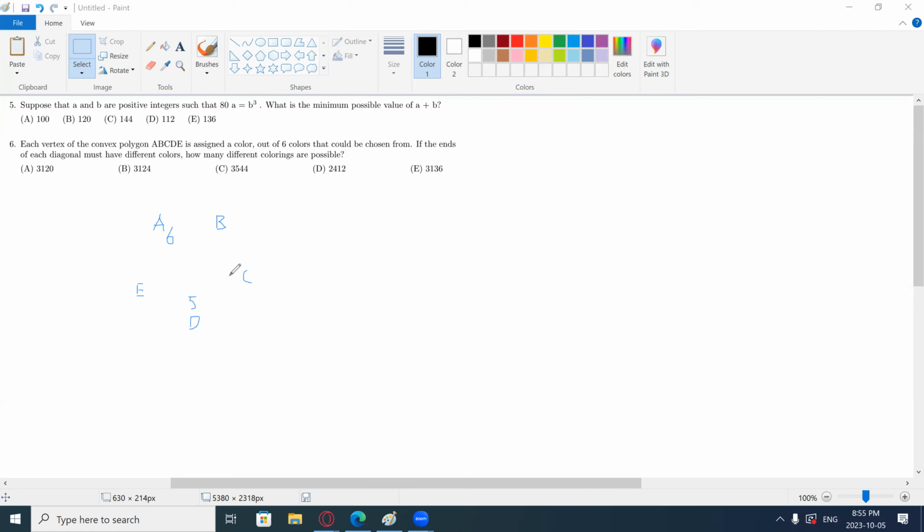But there are 2 cases. This is case number 1: C can choose the same color as D. So then there will be 1 color to choose from because you're choosing the same color as D. The second case would be C choosing a color different from both A and D. So this is case 1 and this is case 2.